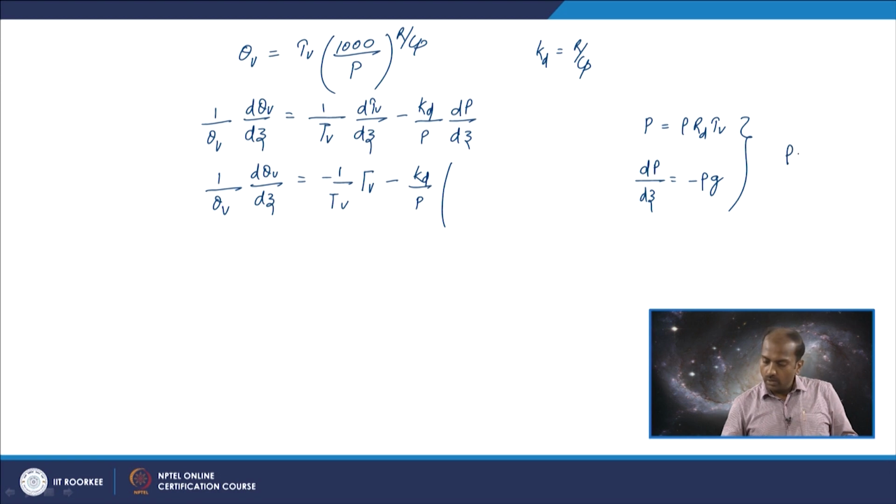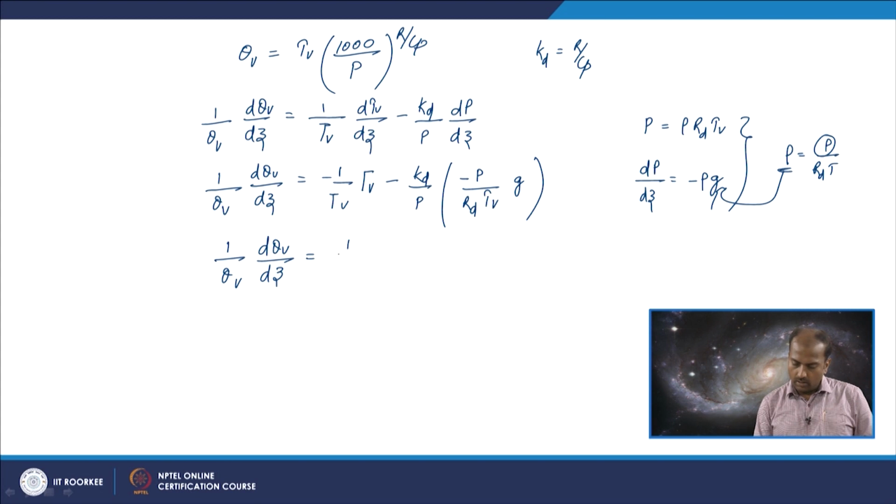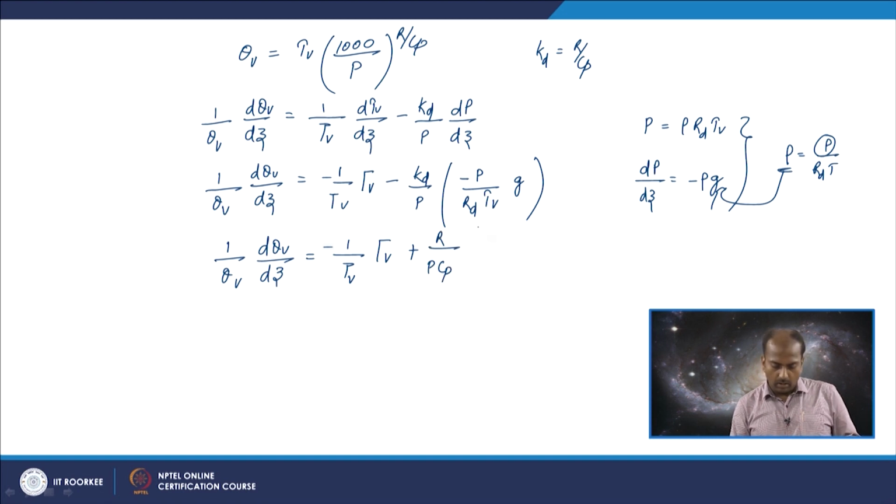Combining these two, rho is equal to P by Rd Tv. So, I can write Kd by P into minus P by Rd Tv times g, or 1 by theta v d theta v by dz is minus 1 by Tv gamma v plus R by P Cp into P by Rd Tv times g.